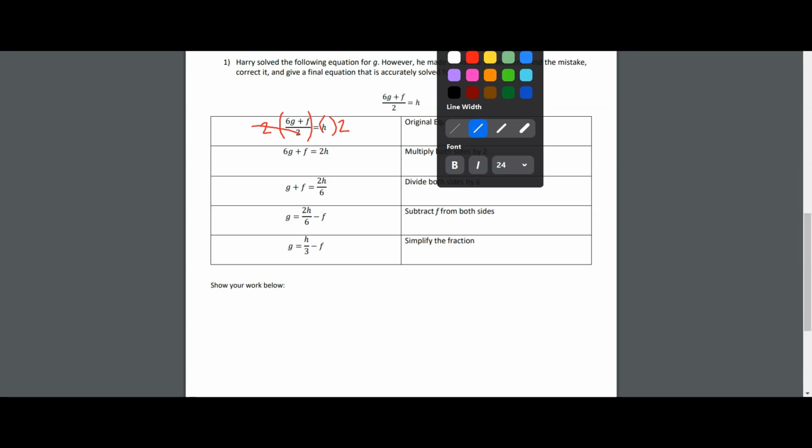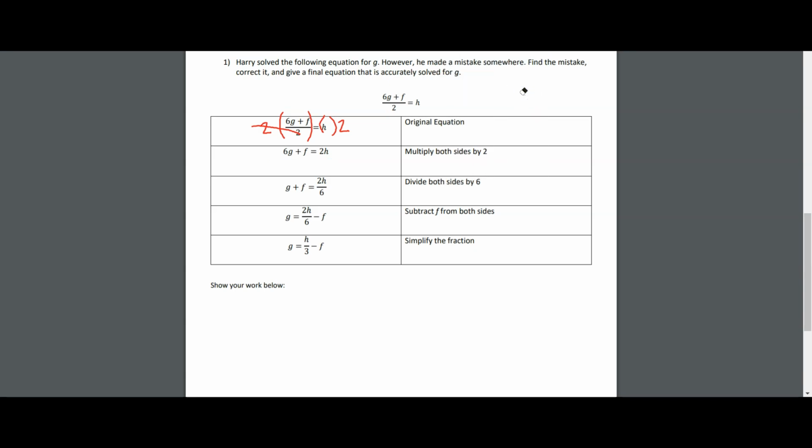Well, he certainly divided this term by 6, and he divided this term by 6. But what about the f? Right? If you divide both sides by 6, you have to divide every single term by 6. So going from this step to this step was where he made his mistake.